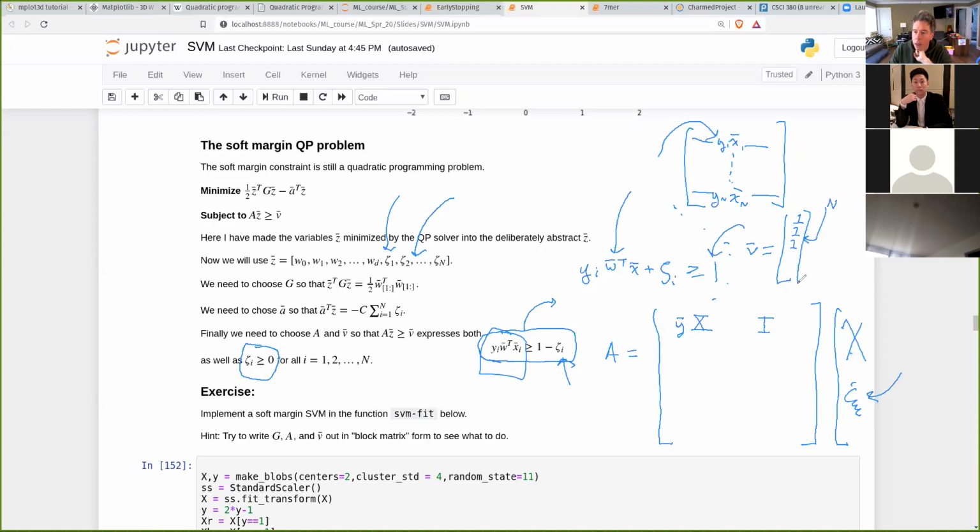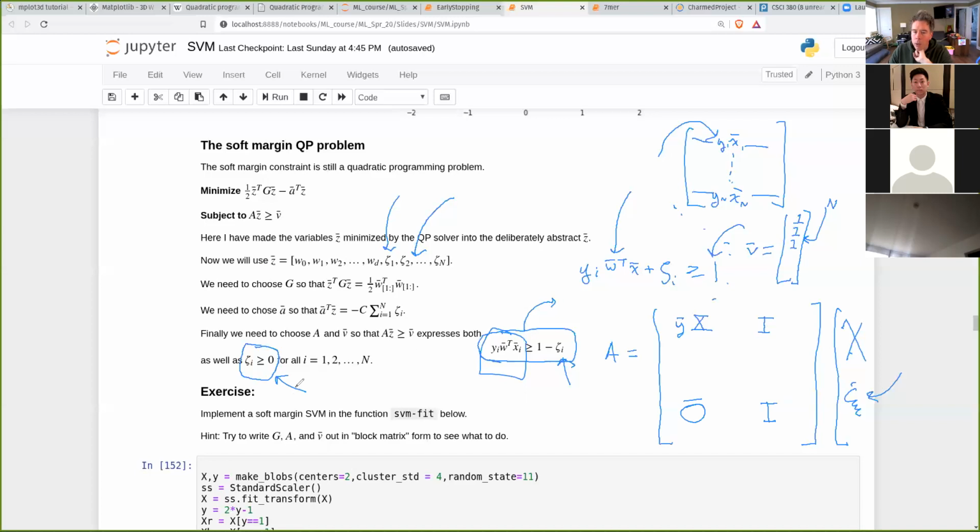And now we have to think about this other constraint, the constraint about all the zetas being positive. So how can we do that? That has nothing to do with the data part. That just has to do with the slack variables. So again, we'll just use the identity matrix to pick out these slack variables one at a time.